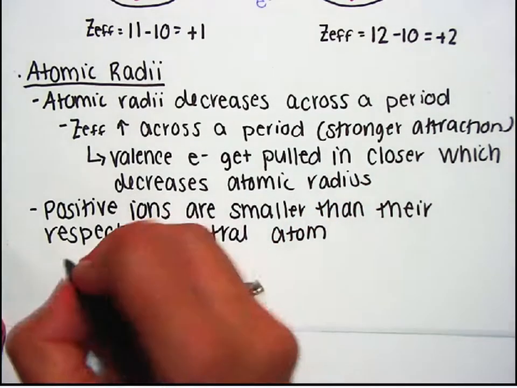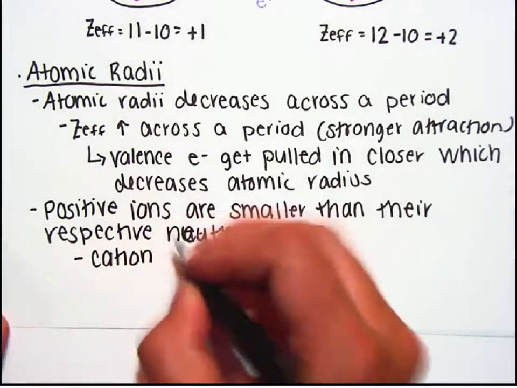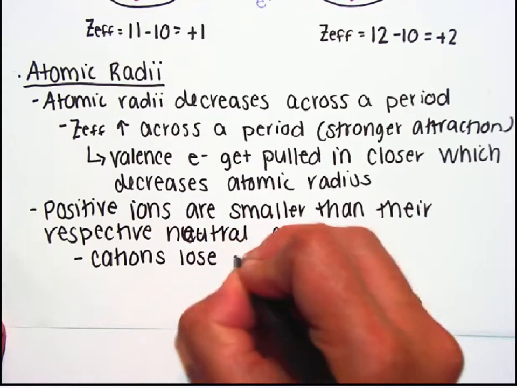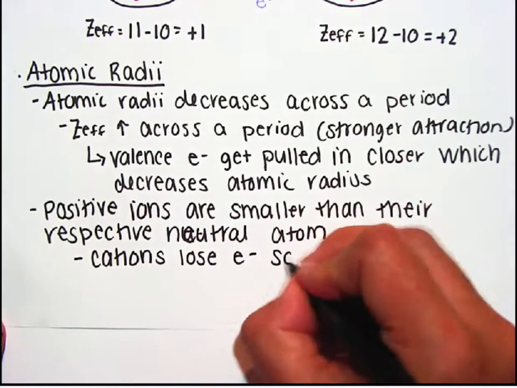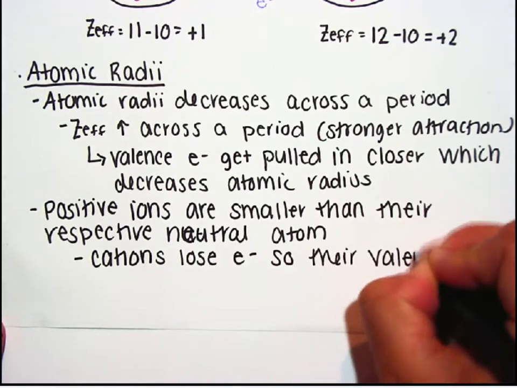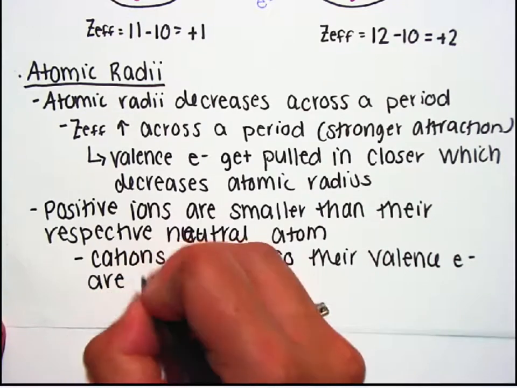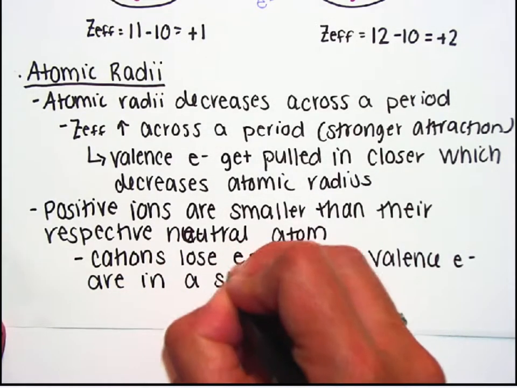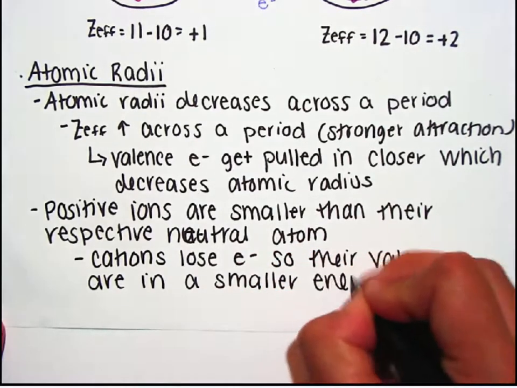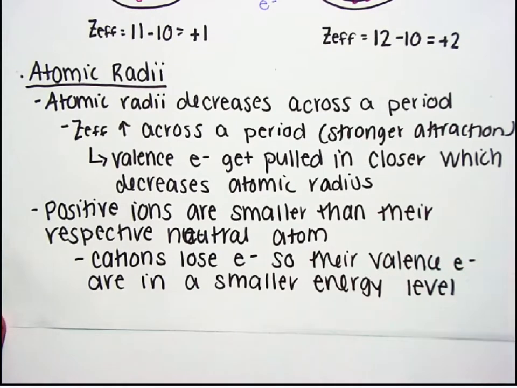The reason why positive ions, which again we call a cation, cations lose electrons, so their valence electrons are in a smaller energy level.